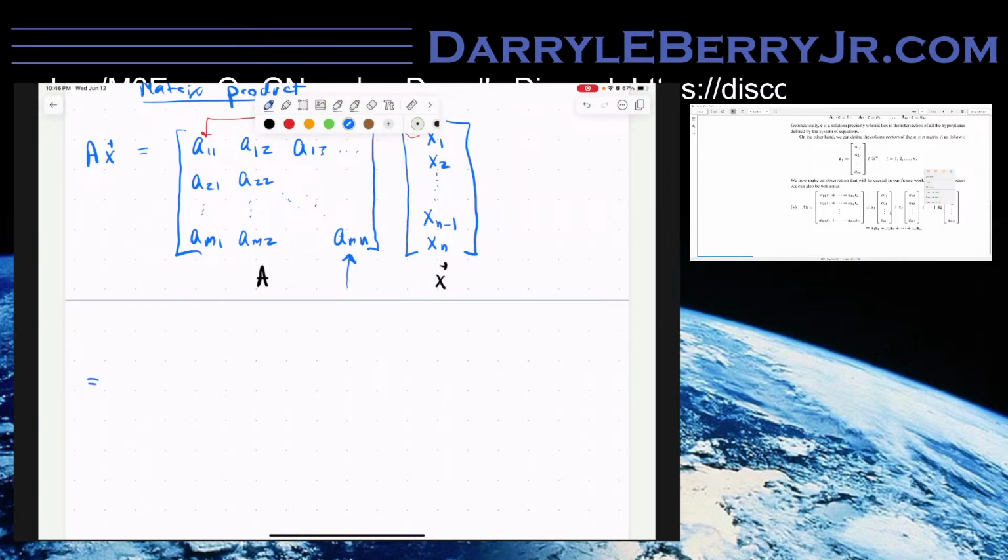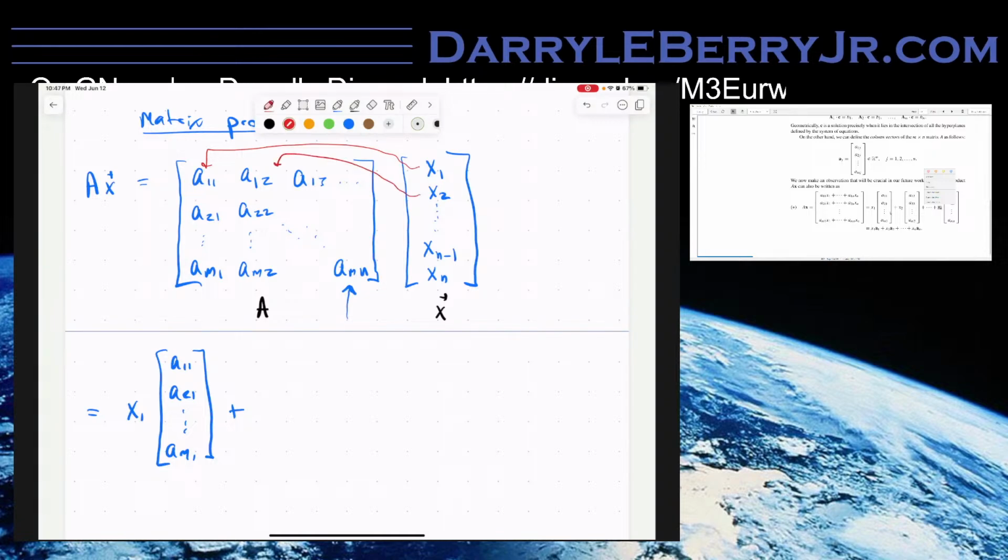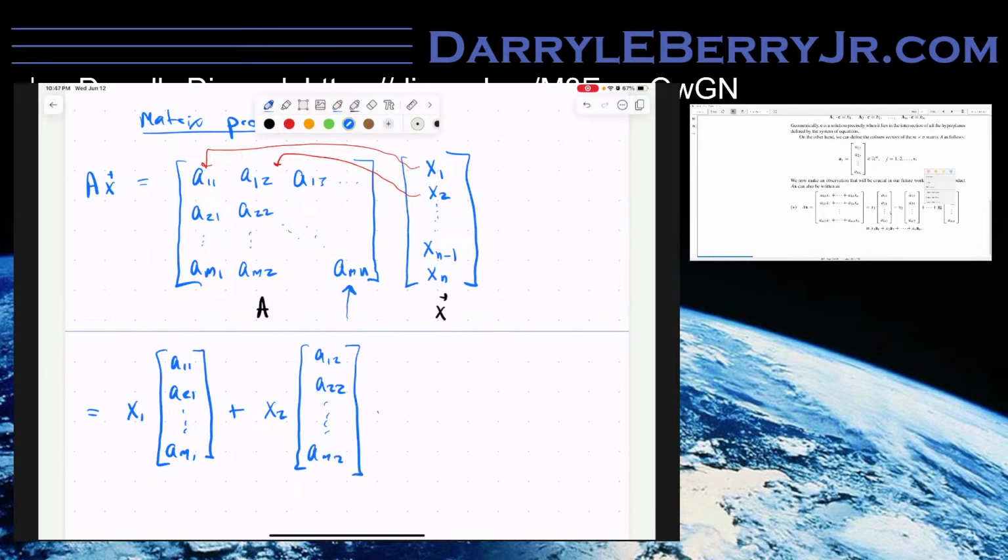So when I multiply that out, now we're getting to what the book shows. The x1 will go all the way to the left column over there. I have A11, A21, all the way down to Am1, plus, and the same thing, the second term x2 will go to the second column: A12, A22, down to Am2, dot, dot, dot.